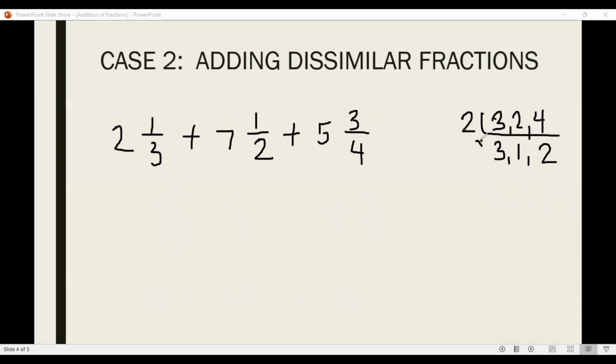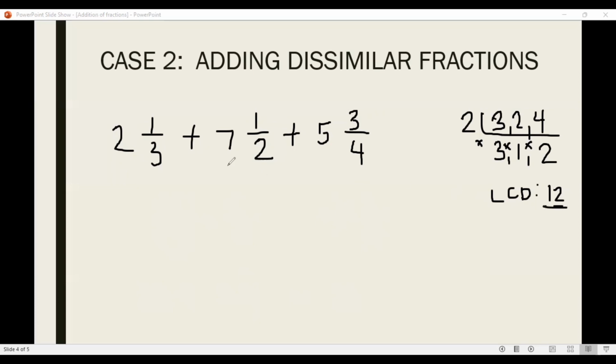We can now get the LCD, or the least common denominator, by simply multiplying all these numbers. Do not forget to include the 2 here. Okay. And if you are going to multiply 2 with 3 is 6 times 1, that's still 6 times 2, it's also equivalent now to 12. So we know now that our least common denominator is equivalent to 12.